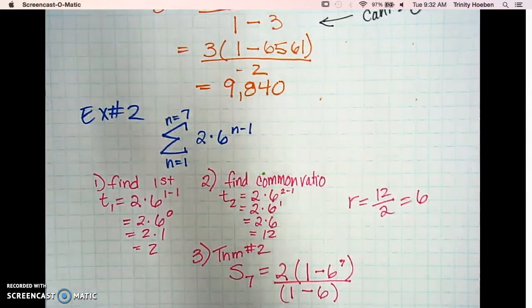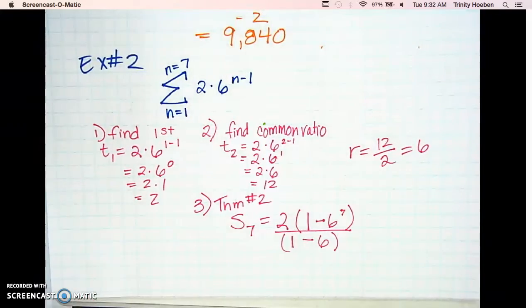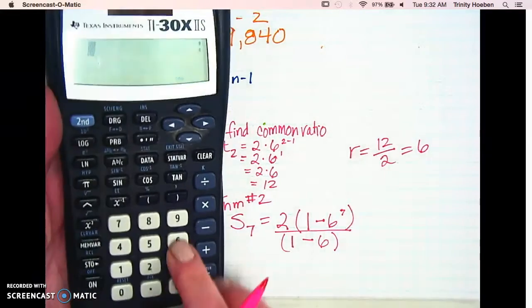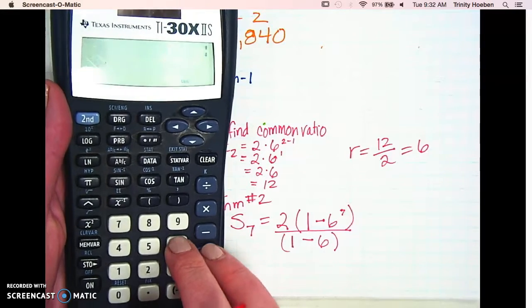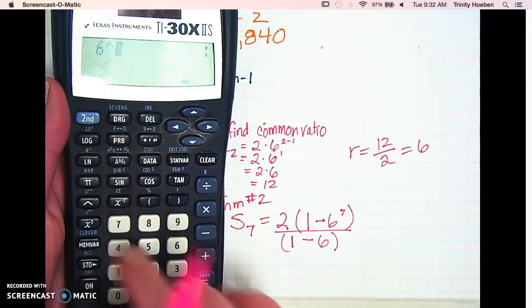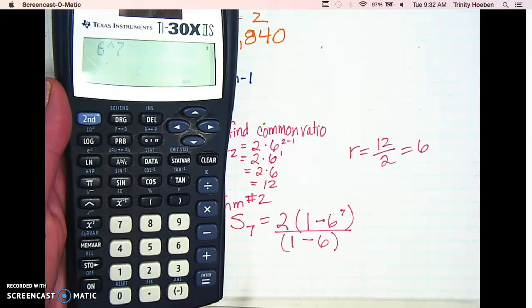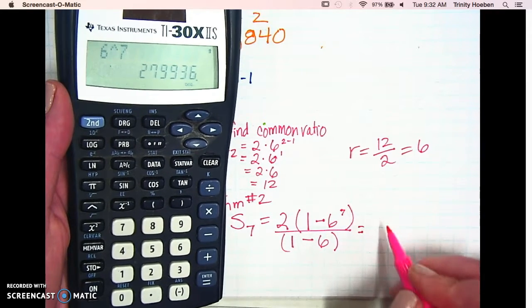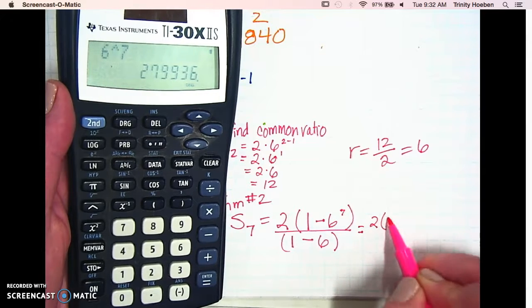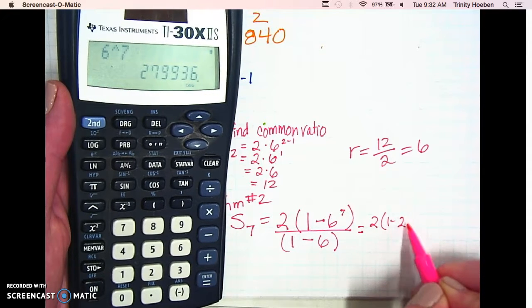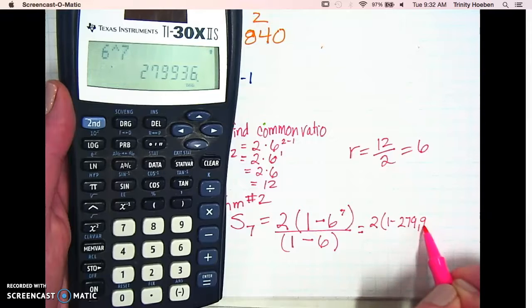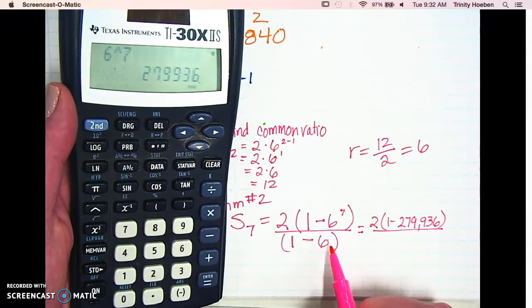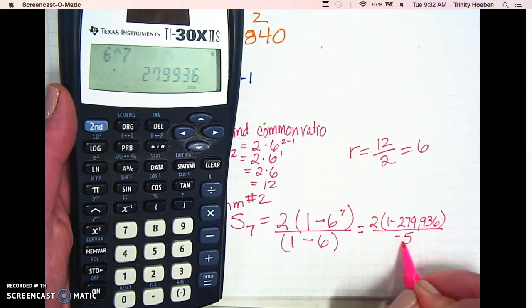And then again from here it's all calculator work. So you want to do 6 to the 7th power. So on your calculator you're going to hit 6, use the caret button to the 7th power. It's kind of a large number, that's fine. Just go ahead and say 2 times 1 minus 279,936. And then in the denominator, 1 minus 6, you should have negative 5.